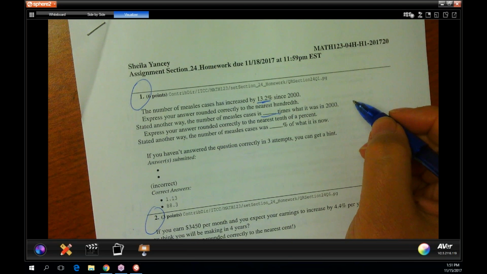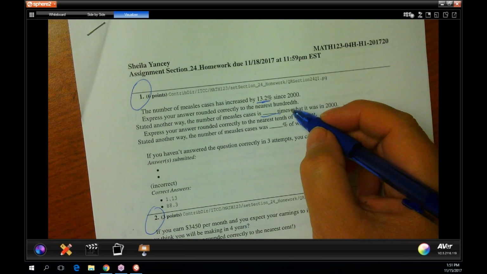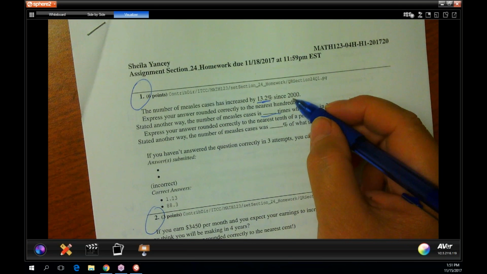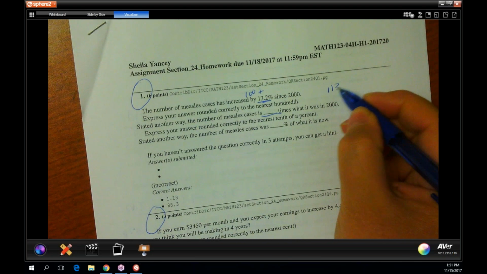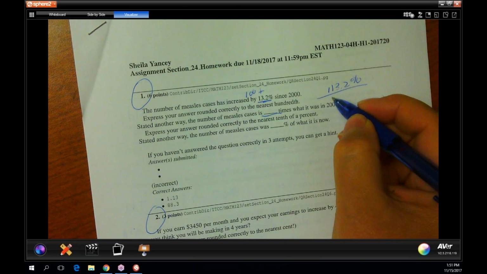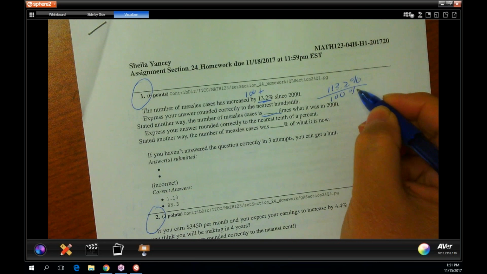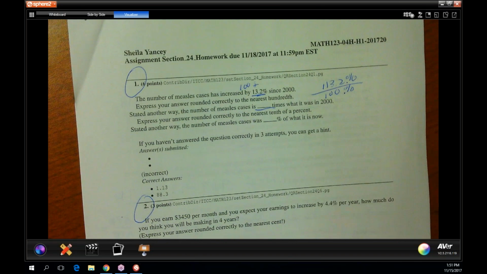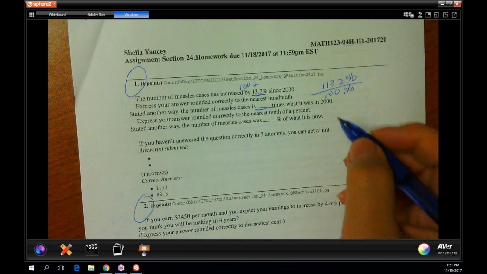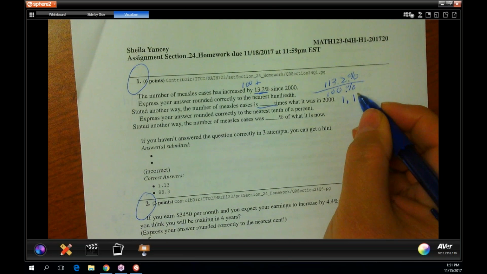So you have 100% plus the 13.2%. How many times more than that is than 100%? So you just take the 113.2 divided by 100. It's just like how many times bigger is the miles to the one planet than the other. And we get 1.13.